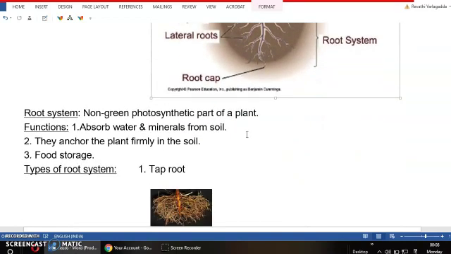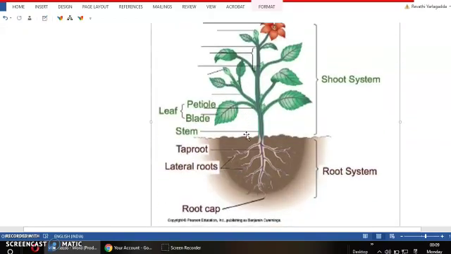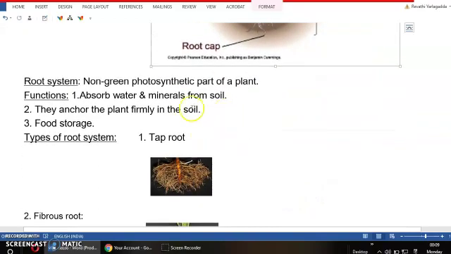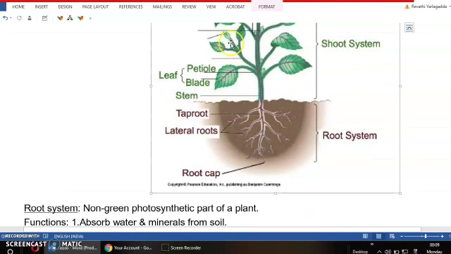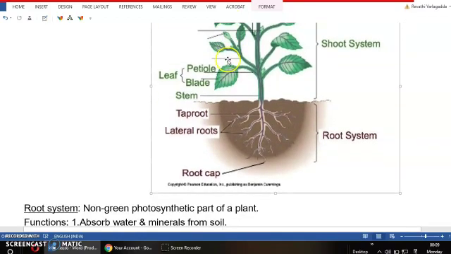Coming to the root system, roots are generally non-green. The whole plant would look green in color, but if you pluck and observe the plant, the root system would be brown in color, whereas the shoot system, the stem, whatever part lies above the ground, would be green.